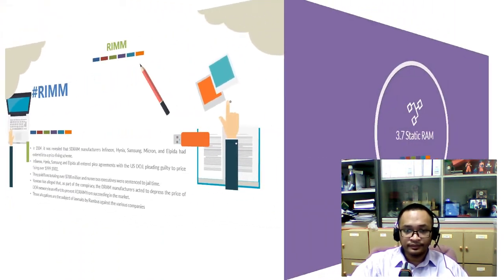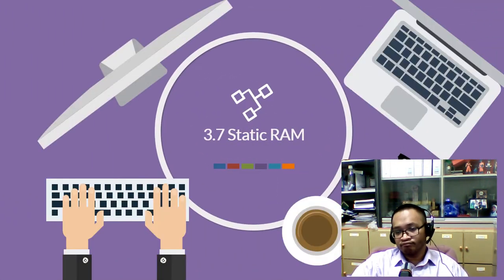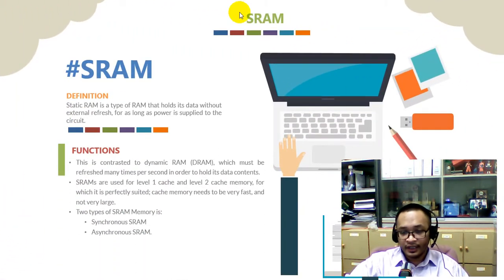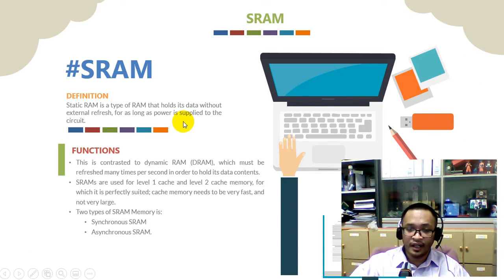Okay, and then SRAM, or static RAM. SRAM is a type of RAM that holds its data without external refresh for as long as power is supplied to the circuit. Basically SRAM is used as cache memory. We have three levels of cache memory: level 1, level 2 and level 3.